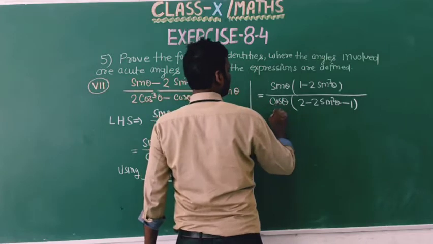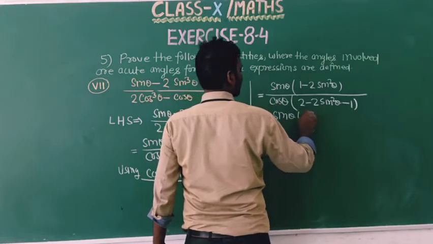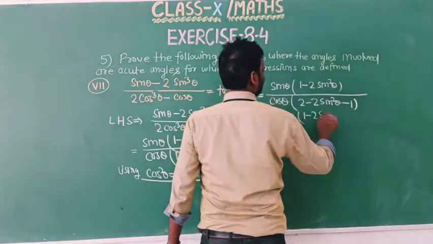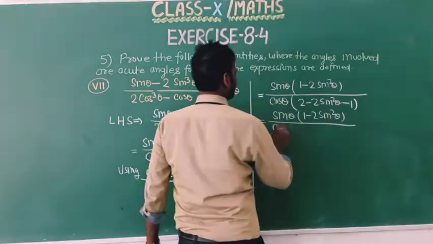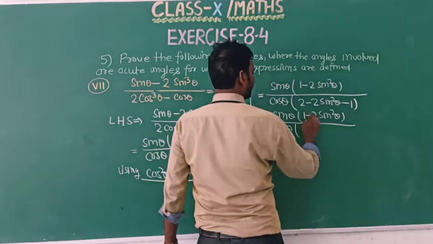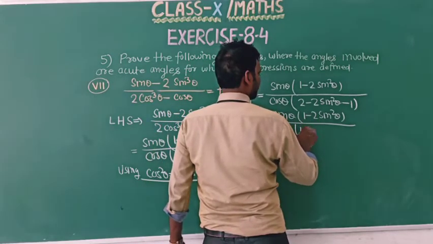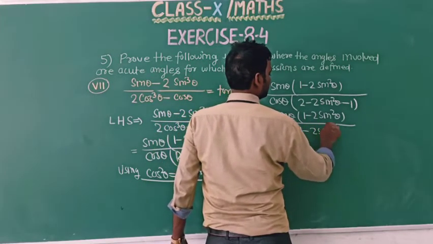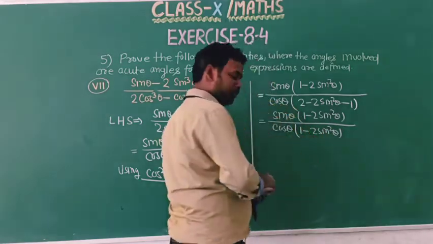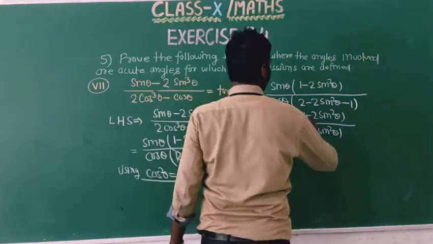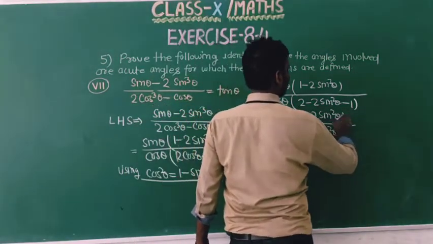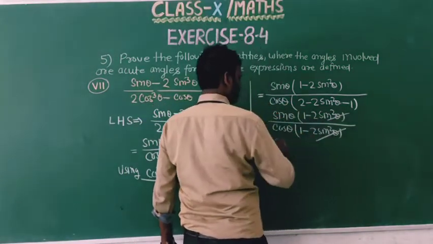Now this becomes sin theta (1 minus 2 sin square theta) upon cos theta in bracket (1 minus 2 sin square theta). Here we can cancel 1 minus 2 sin square theta in numerator and denominator.